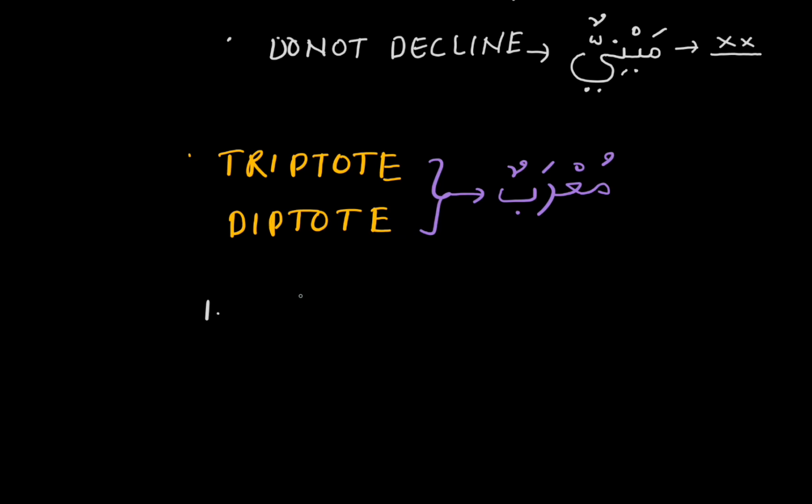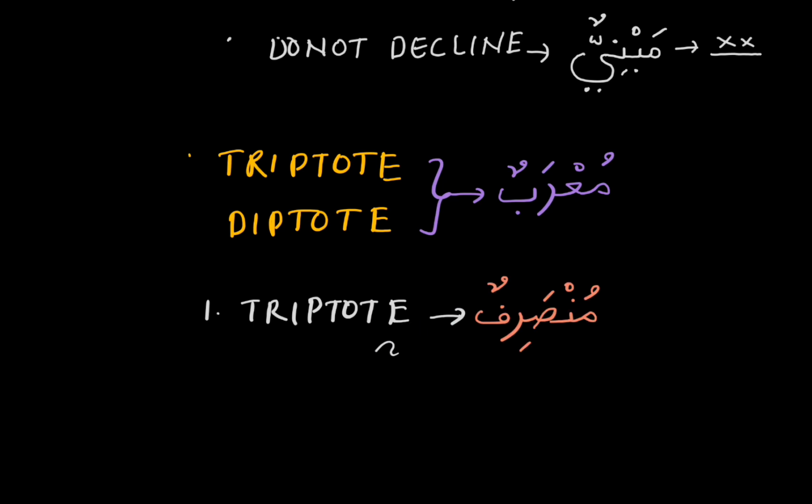The triptote in Arabic is known as munsarif nouns. So munsarif means it will be showing all the three signs of the i'rab, that is, as I said earlier, dhamma for marfu, fatha for mansub and kasra for majrur.